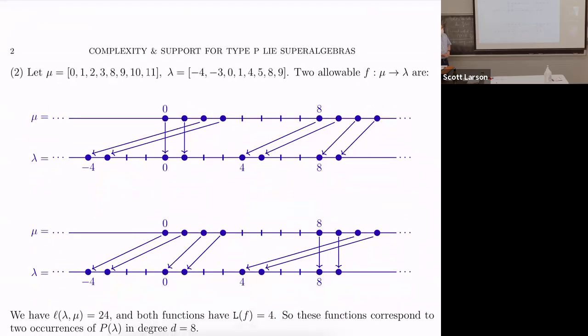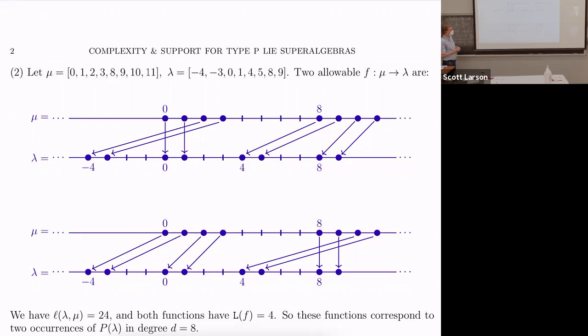So here are two copies of those pictures, separated enough, but with the order of the two pictures switched. Now I have a pair of weights, lambda and mu, that are the same in both pictures. The length difference is 24, and both functions now have 4 leapfrogs, 4 crossings.